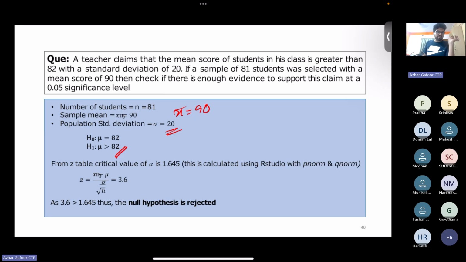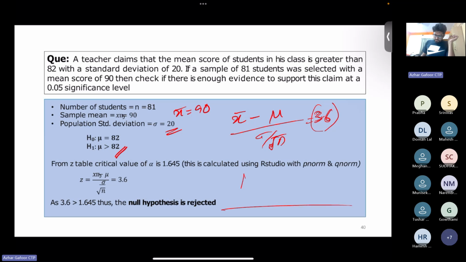That is the alternate hypothesis that we have to prove. Now we use the formula x bar minus mu divided by sigma by root n. If we do this, we get a value of 3.6. Now how do we use this value to get a conclusive remark?